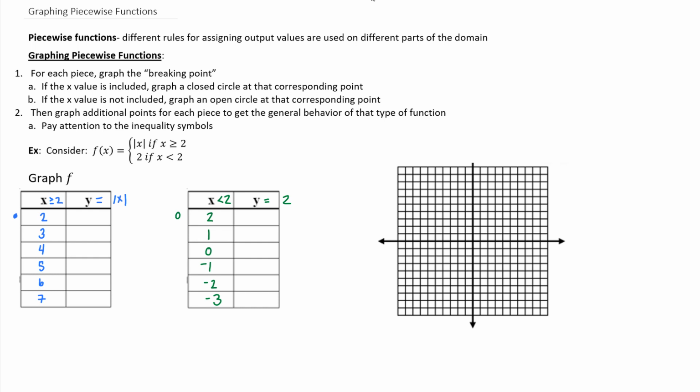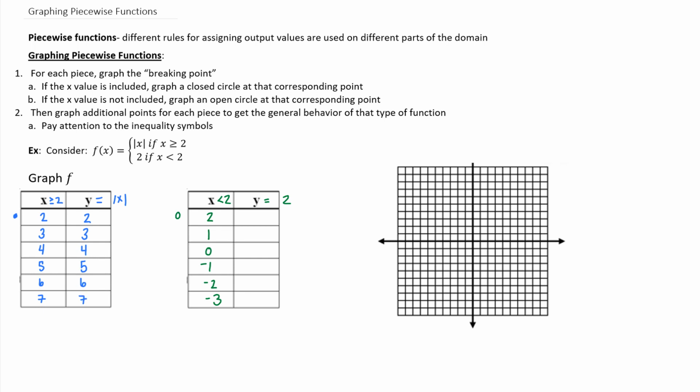So now all I need to do is follow the rule for each piece. So when x is 2, y is the absolute value of 2, which is just 2. When x is 3, y is the absolute value of 3. When x is 4, y is the absolute value of 4, and you get the idea. And so I'm going to fill in those values.